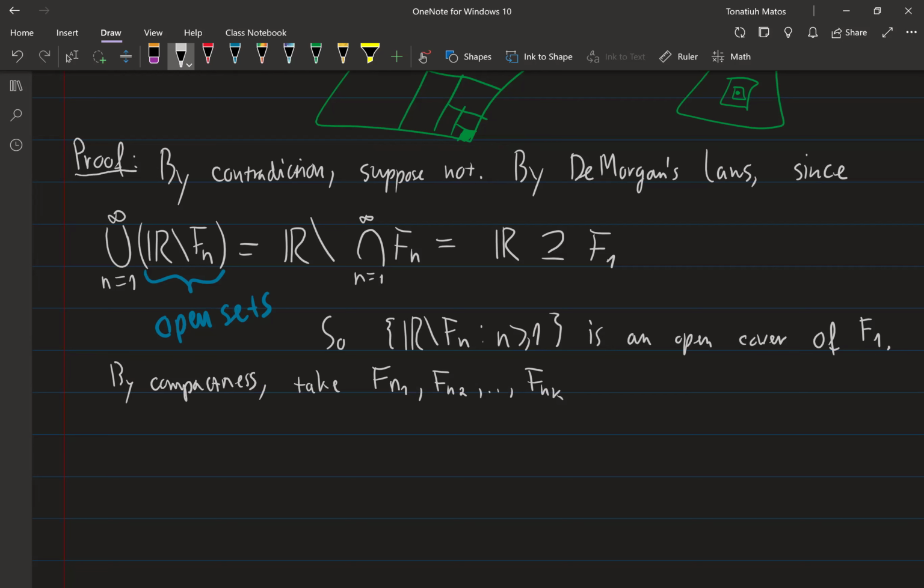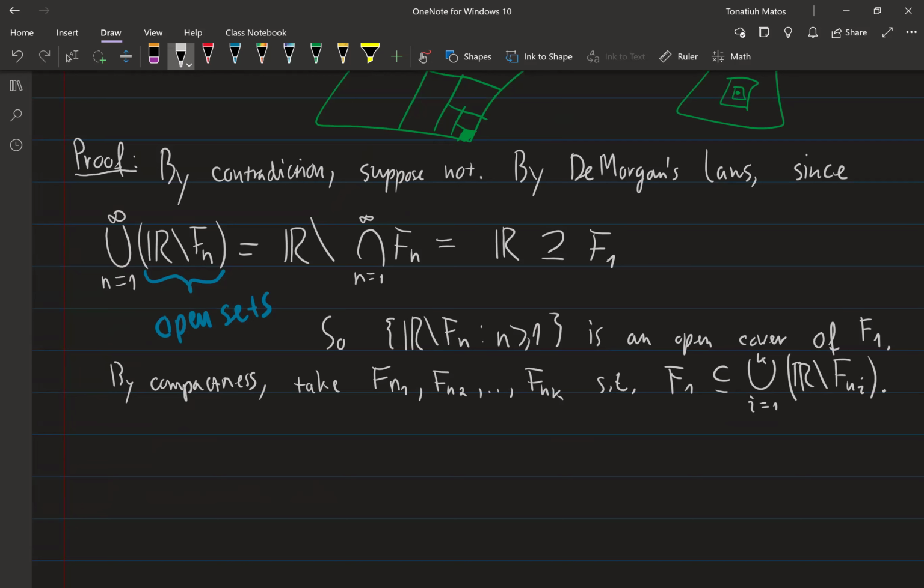So take all of these such that F1 is still being covered by the complements of these, right? So from 1 to k, this is R minus Fni. If that makes sense. Okay, so F1 is covered by this weird set that I have here, so just extract a finite subcover of it by compactness.